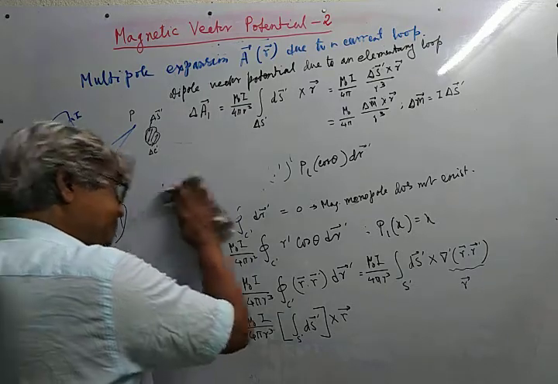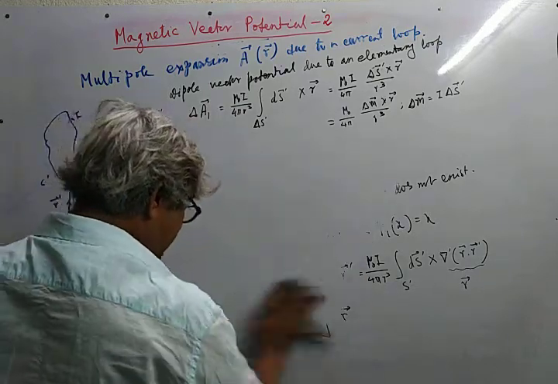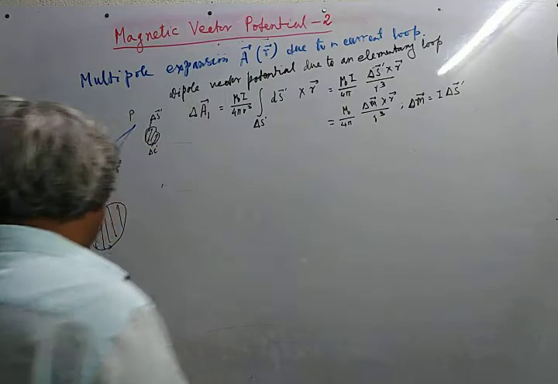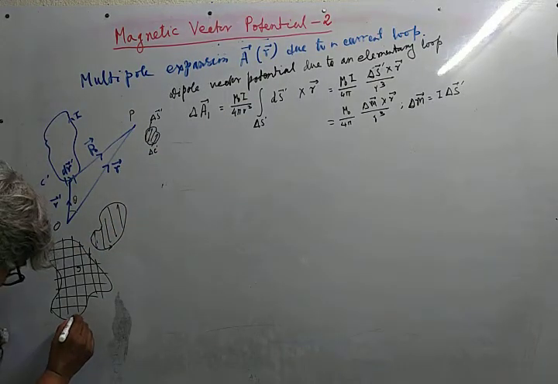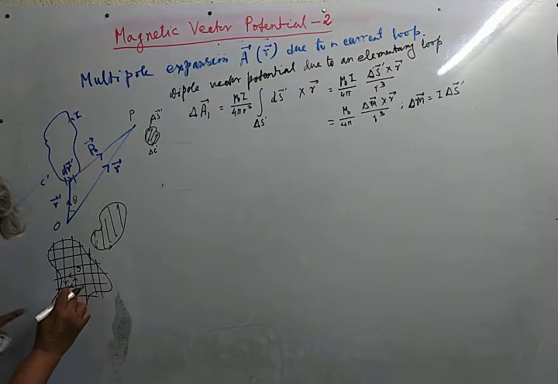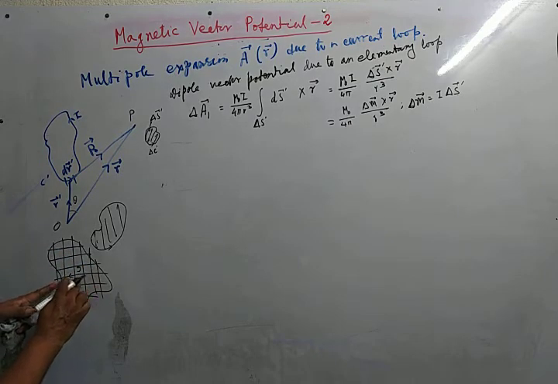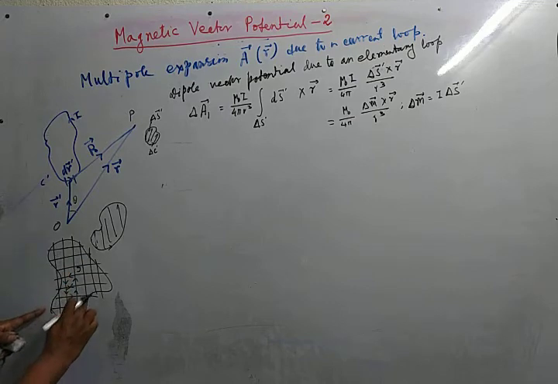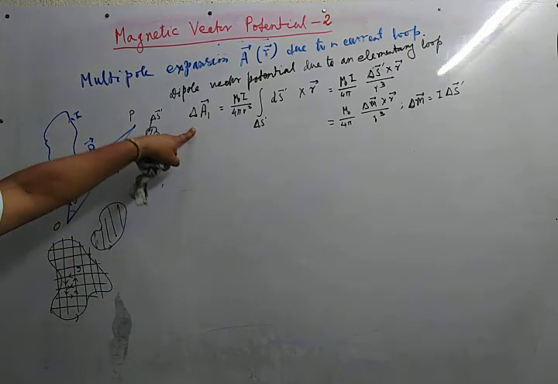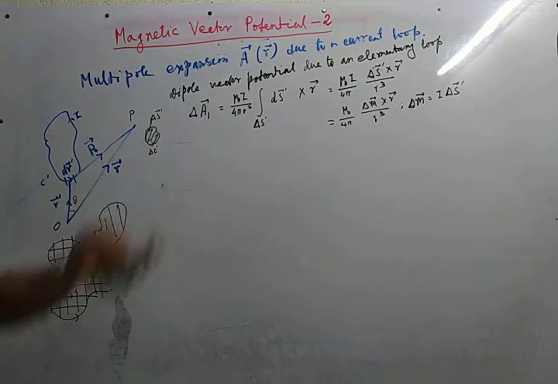Then we have to divide the entire area into elementary areas, and due to the circulation, the current in all the intermediate branches will be cancelled, and only the current at the periphery persists. So the entire area can be looked upon as the sum of individual elementary areas, and we are applying the theory to one such elementary area.